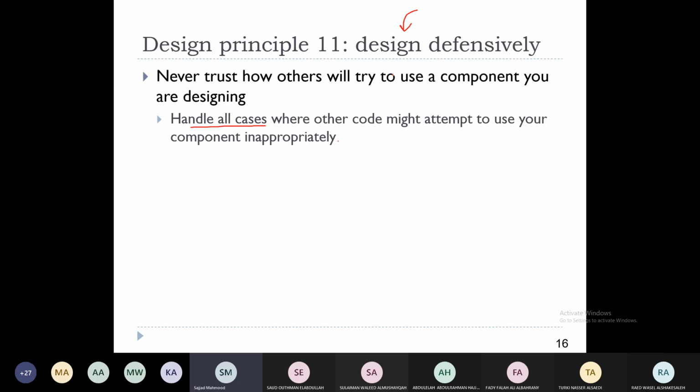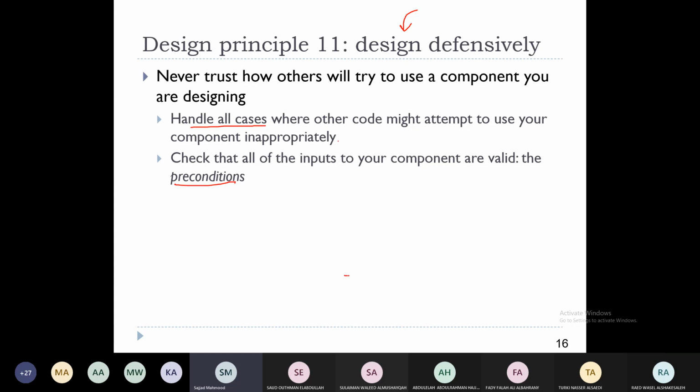Now, of course, there is a technique to it, which is that you specify your preconditions and your postconditions. You clearly indicate the conditions that, if you want to use this piece of code, this could be a method, this could be a class, the precondition is that you pass these variables with these data types, for example, or the array should be sorted or whatever.